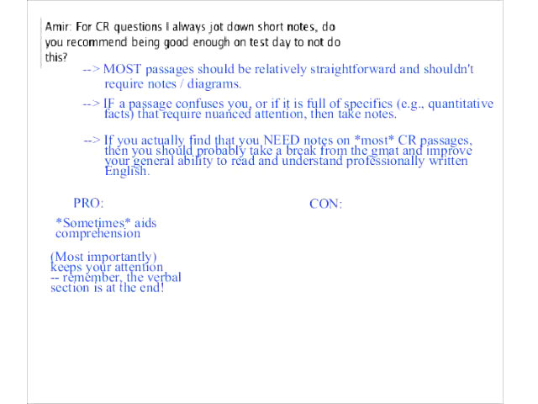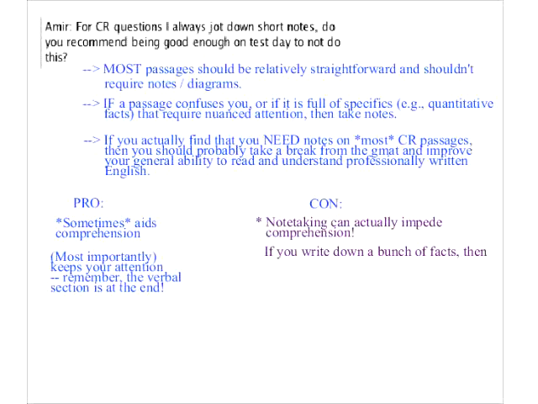On the other hand, the cons that people don't think about: note-taking can actually impede comprehension. In other words, it can get in the way of it. Specifically, if you write down a bunch of facts, then you will probably be less likely, not more likely, to understand the relationships between those facts.